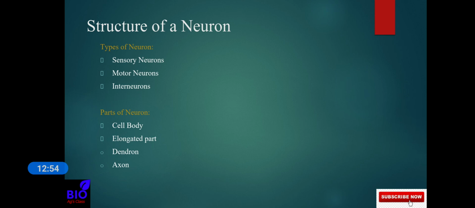You may call it dendrites as well instead of dendron. Dendrites are fibrous roots that branch out from the cell body. Dendrites receive and process signals from the axons of other neurons, like an antenna.